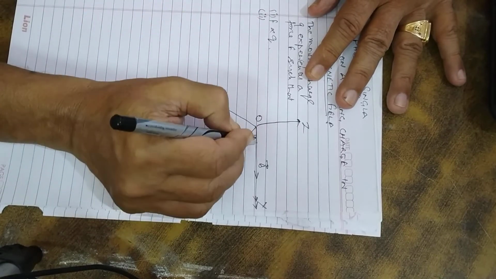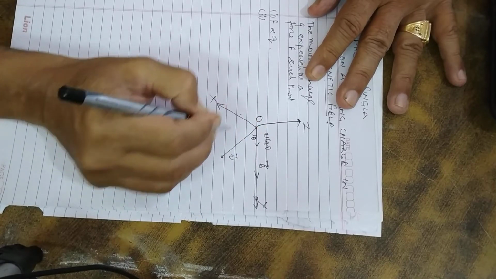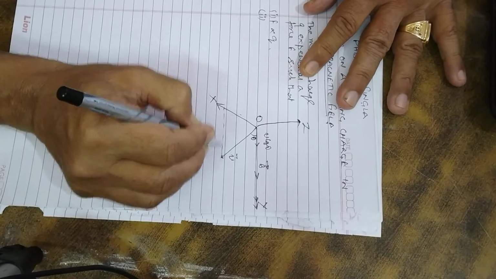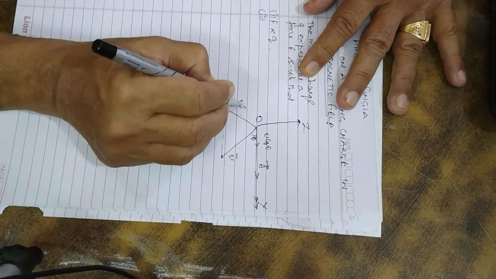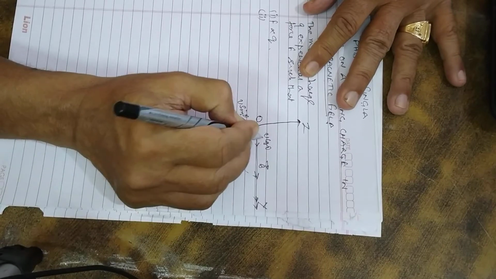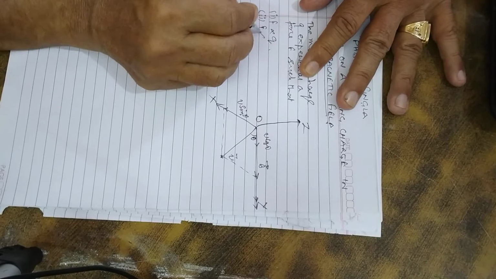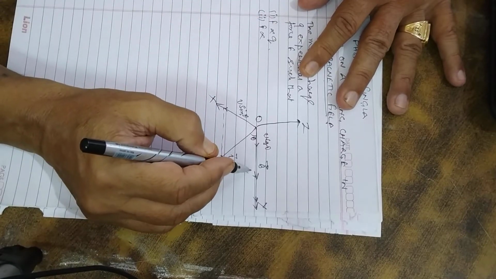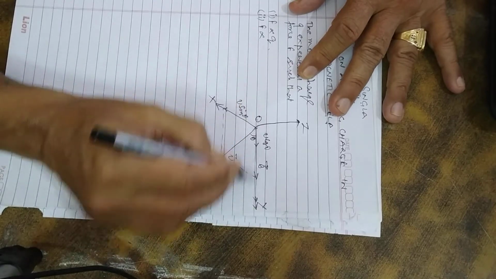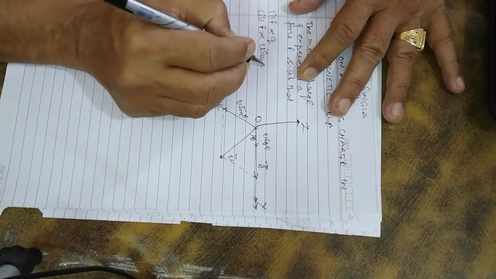So this v has two components. One is this v cos theta. The other component is in this direction. This is v sin theta, and this component is v cos theta. So the second point is the magnitude of force is directly proportional to the component of velocity perpendicular to the magnetic field, that is v sin theta.